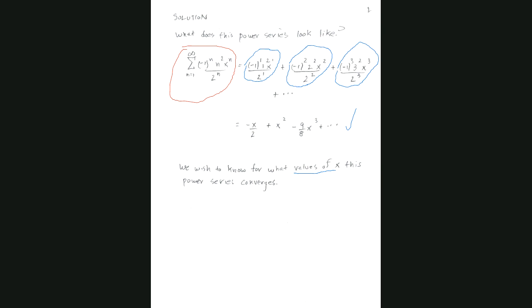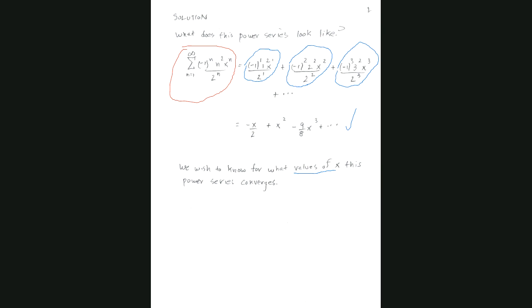All right, well, how are we going to do this? Oh, okay, John. So we know that our power series does not start off acting like a geometric power series.